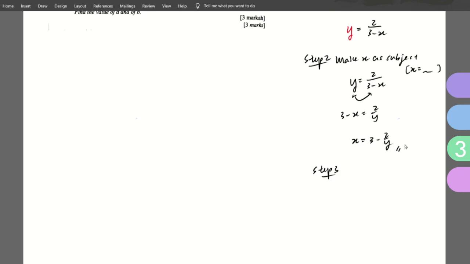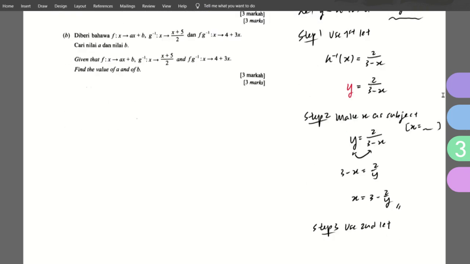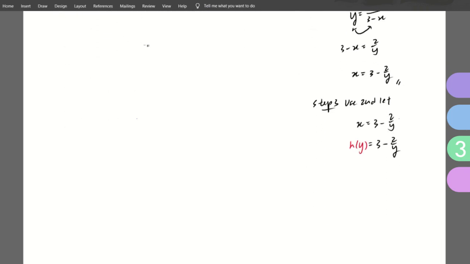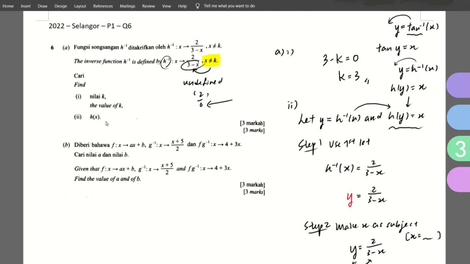Step number 3, which is to use the second let. h of y is equal to x. But this isn't the answer. If you see the question, it needs h of x.